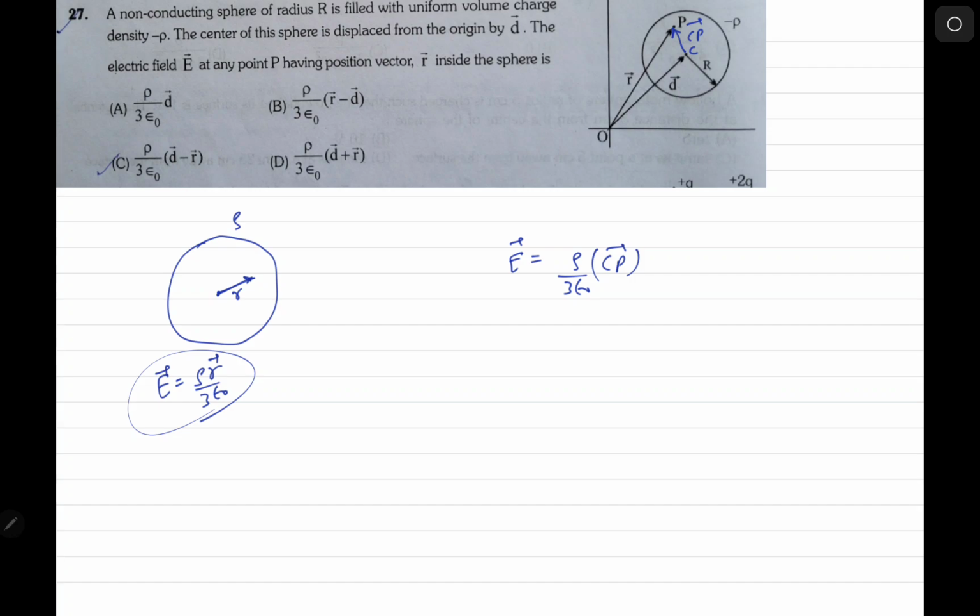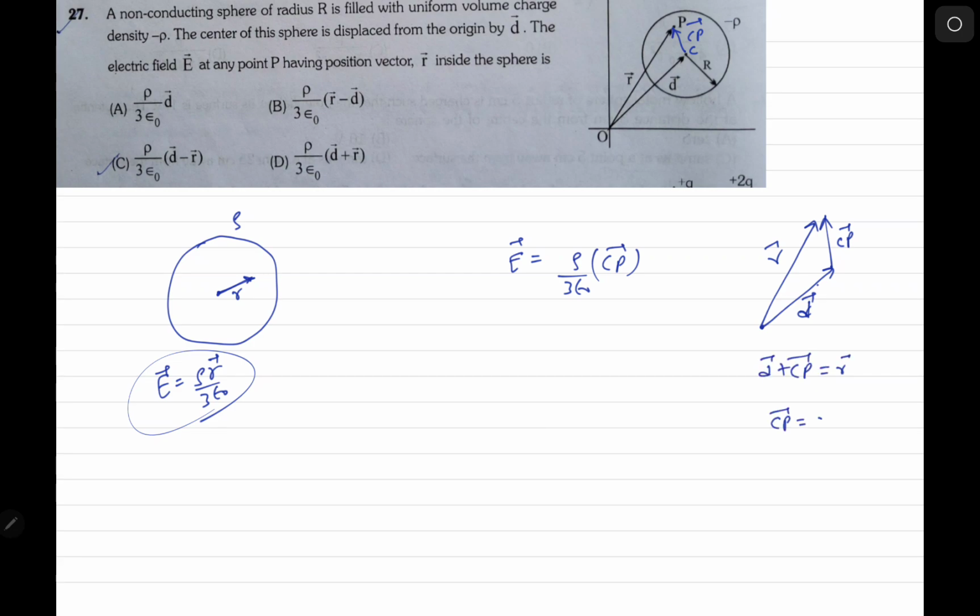For that you can see there's a triangle, and we need to use the vector law of addition. This is d vector, this is CP vector, this is r vector. You can see these two are in the same order, so d vector plus CP vector equals r vector.